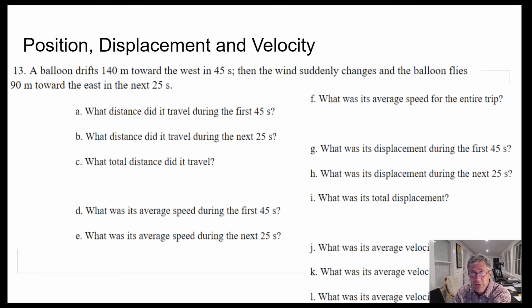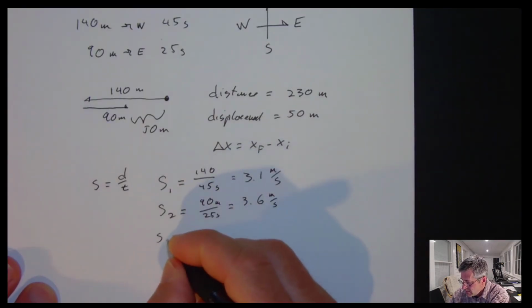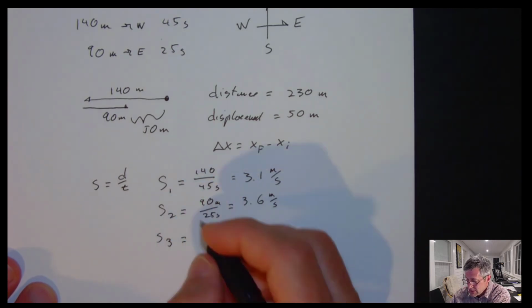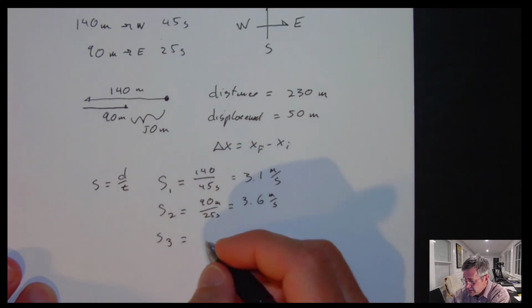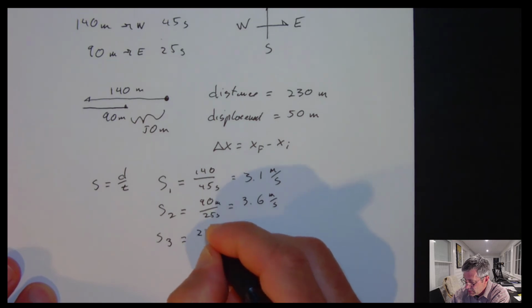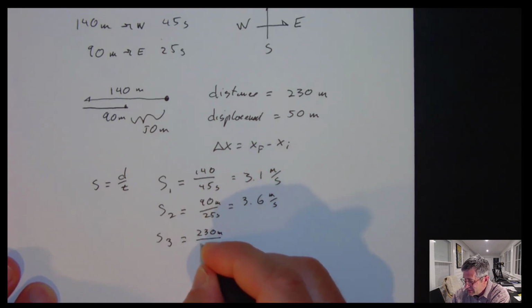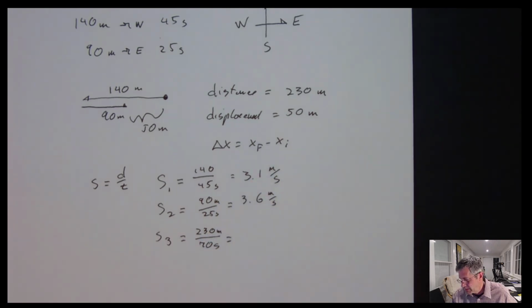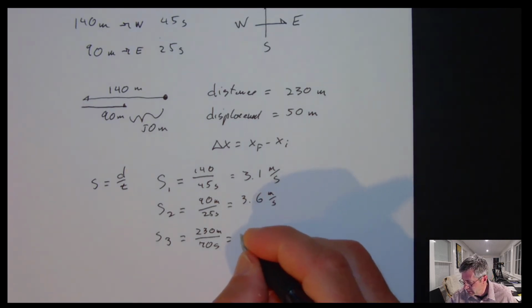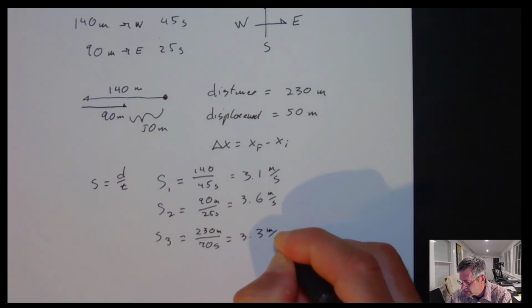So average speed for the entire trip is going to be my total distance traveled, right? This is distance, not velocity. So I'm going to be careful about this. It's going to be 230 meters divided by the total time, which is what, 70 seconds. And I'm coming with what, 230 divided by 70. Should I get 3.3 meters per second?